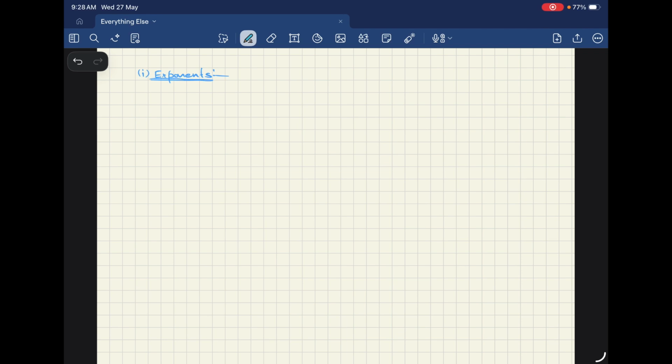Let's say the notation we use is something like this. We call this 2 raised to the power 3. That means nothing but multiplying 2, 2 and 2. I mean multiplying 3 2's together, that is nothing but 8.